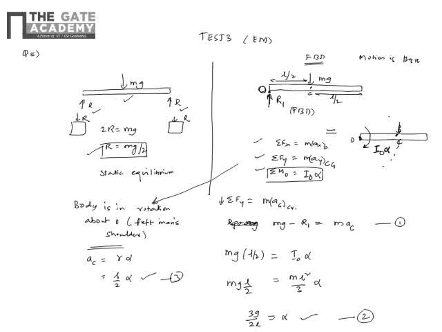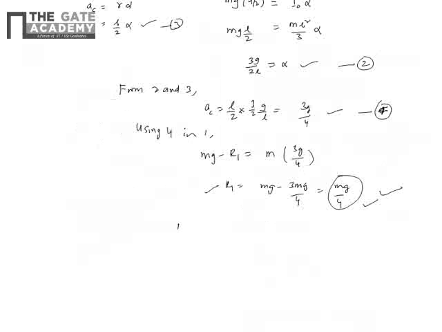So the force on the man has decreased. This is a very good problem. It's counterintuitive. It's not that when the other person goes, the force on the left person will be more. No, because the beam is in a state of rotation. It's not in static equilibrium.